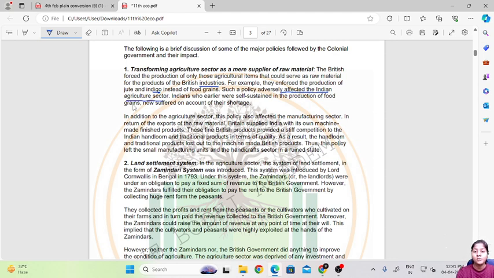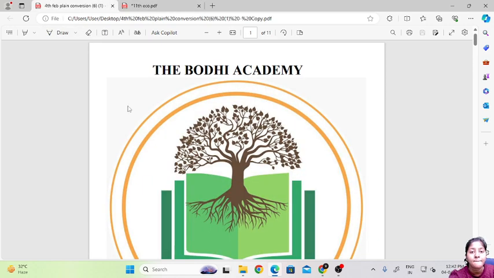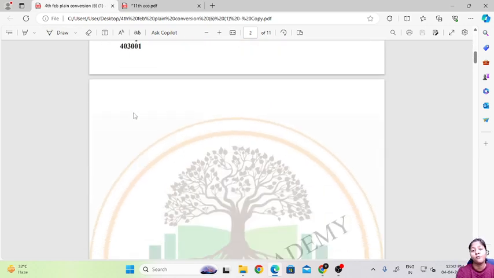Indians who were earlier self-sustained in the production of food grains now suffered on account of their shortage. There was a shortage of food grains, because there was more focus on jute and indigo production.